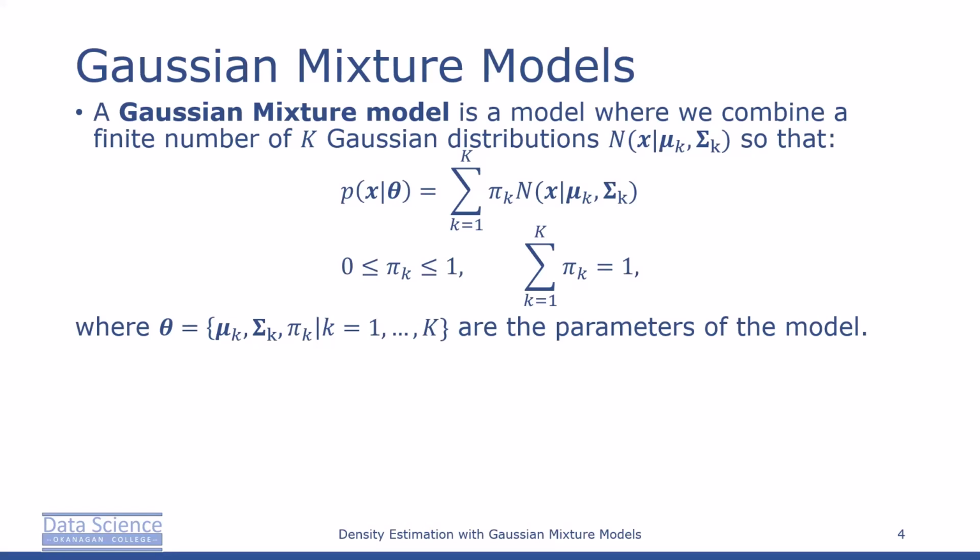This convex combination of Gaussian distributions gives us significantly more flexibility for modeling complex densities than a simple Gaussian distribution would.